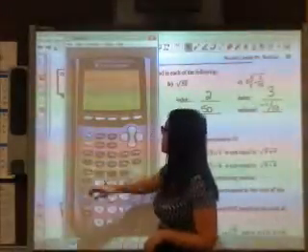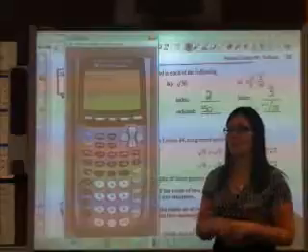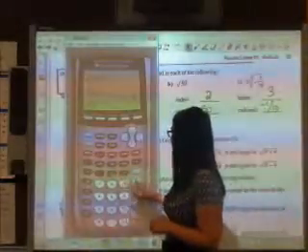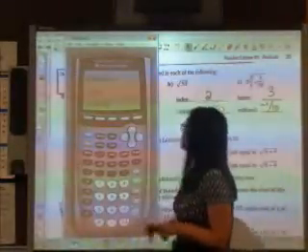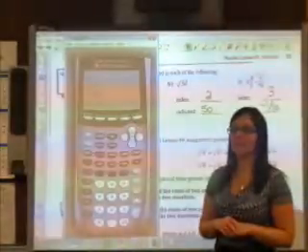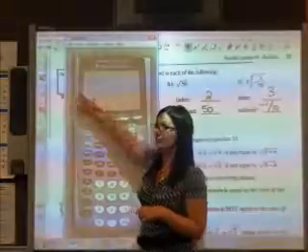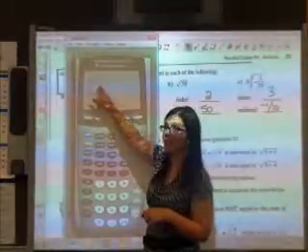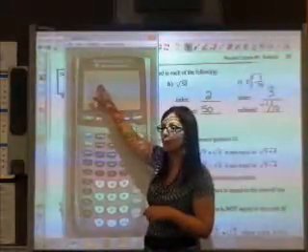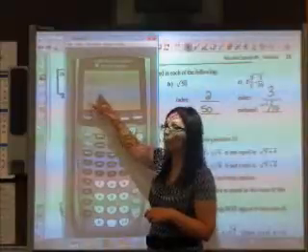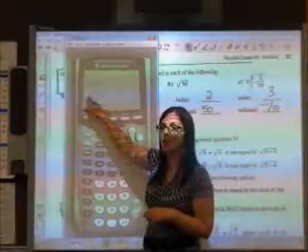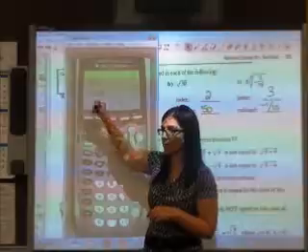If I take the square root and open up a set of brackets of 9 times 4, what do I get? I get the same thing. So when I'm multiplying radicals, I can either find out their roots and multiply them separately, or I can multiply them together and then find out the root of the product.